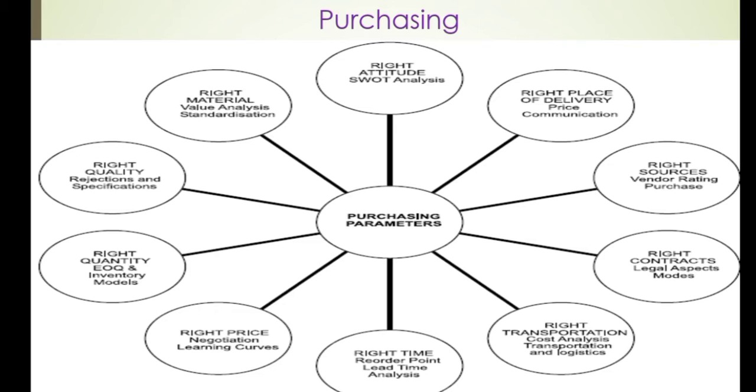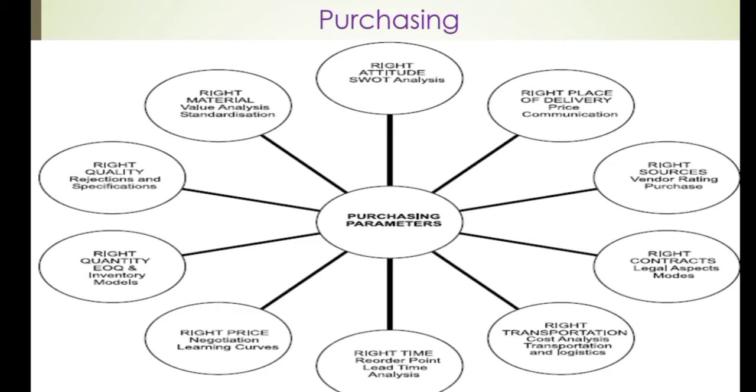The purchasing parameters are listed, which are displayed in the slide in various aspects. It starts from the right attitude, SWOT analysis, right place of delivery, price communication, the right source, which is vendor rating.